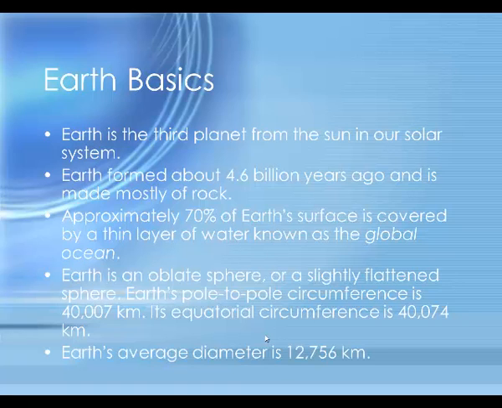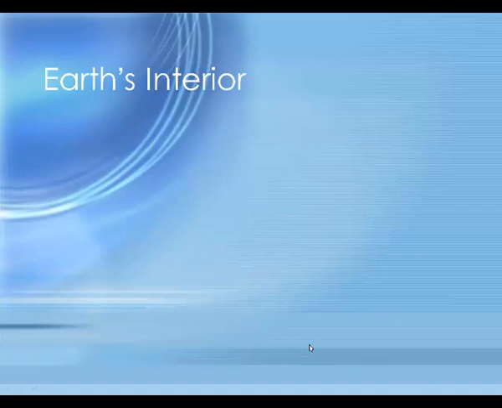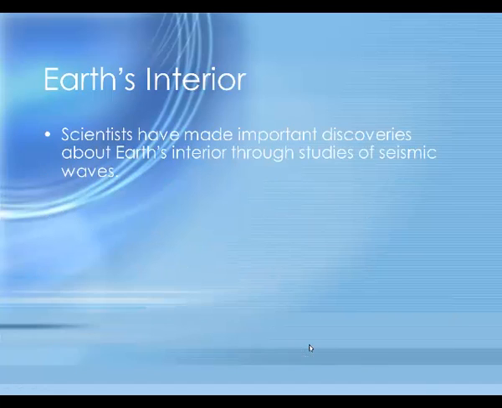And then Earth's average diameter is 12,756 kilometers. A lot of our discoveries about the interior of the planet are based on scientific discoveries with regard to seismic waves. We measure waves as they bounce around on the inside of our planet.